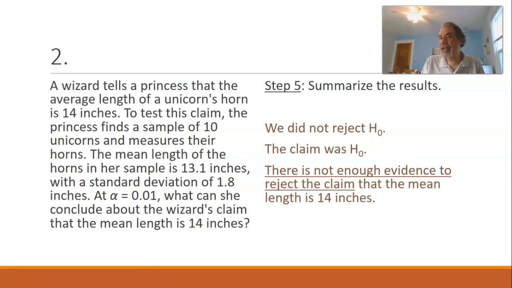The princess got a sample mean that was a bit different from that, but it wasn't enough different from just that sample of 10 unicorns to make her really doubt that the wizard was wrong at all. So it could still be true that for all the unicorns in the whole world, in the whole enchanted forest, the average length is 14 inches.